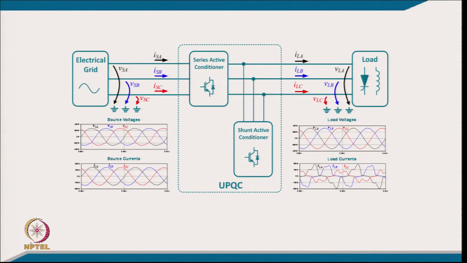Similarly, if you look at the load side, most of the loads are very sensitive. They are designed to have a balanced sinusoidal supply voltage across them. However, many of the loads draw non-sinusoidal current because of the solid state control in them.